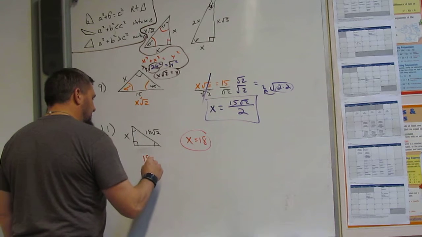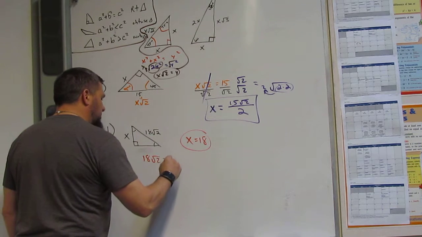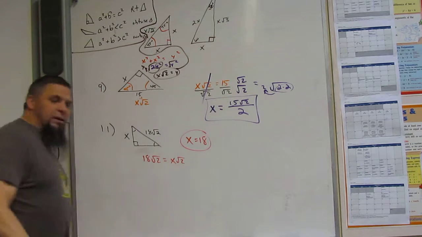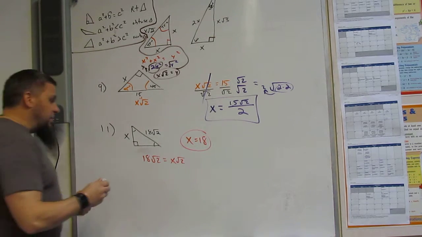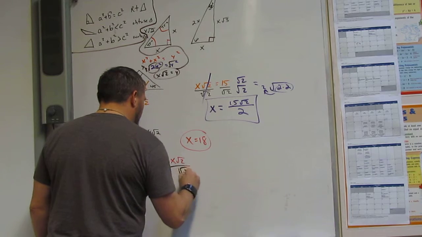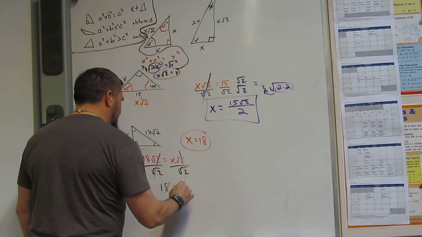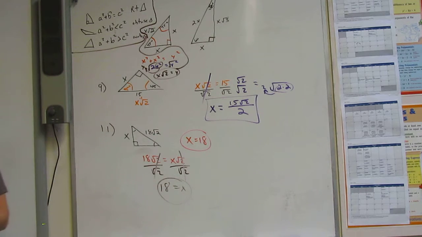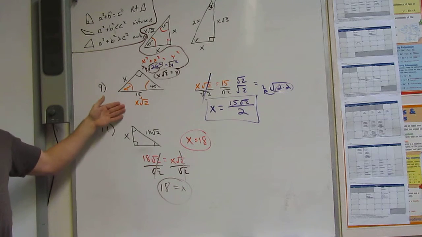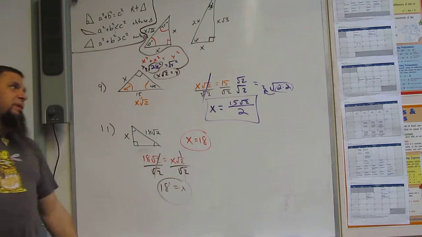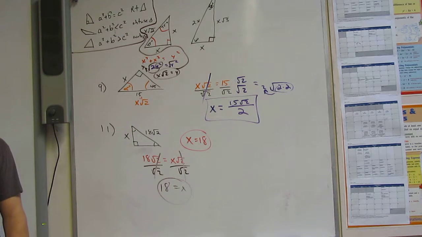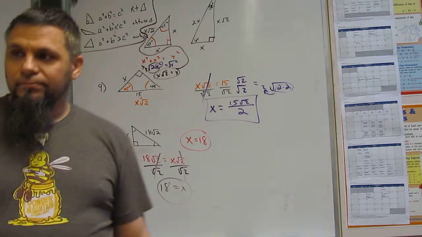If 18 square root 2 is equal to x square root 2, then all I have to do is divide by the square root of 2, and they cancel, and I get 18 equals x. It really is that simple. These are pretty easy. I'm going to plug this in here, chug it out. I'm always dealing with the x square root 2. Okay. All right.